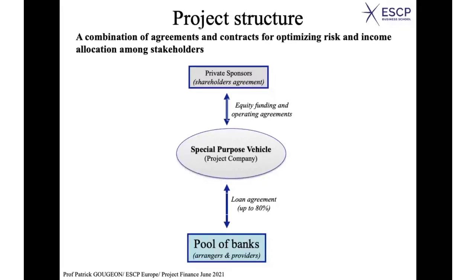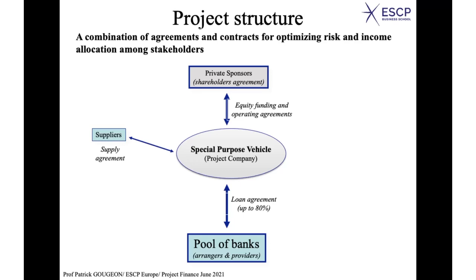So here we are. But now, as I said, this is feasible only if you have been able to reduce the risk within the project company. How can it be done? Through contracting, which is a way to involve many other participants. For instance, it can be a chemical plant, it can be whatever you want, a power plant.